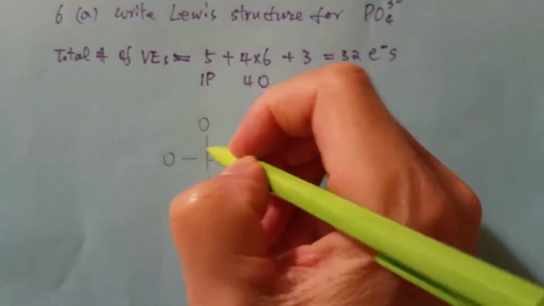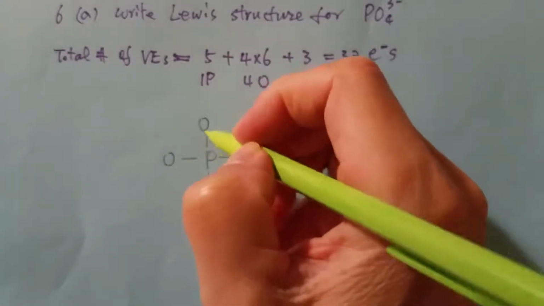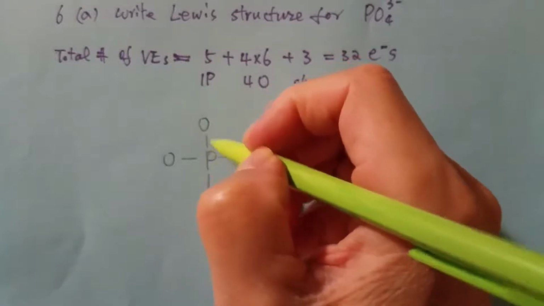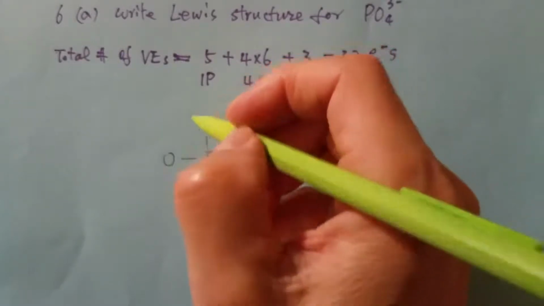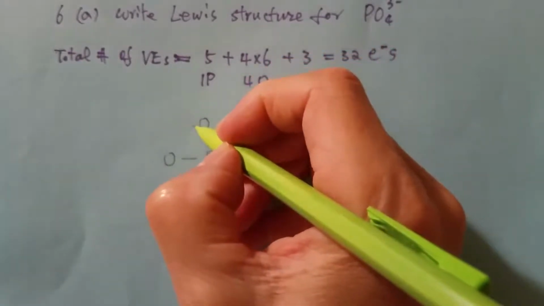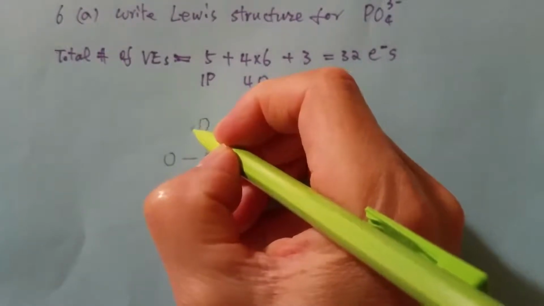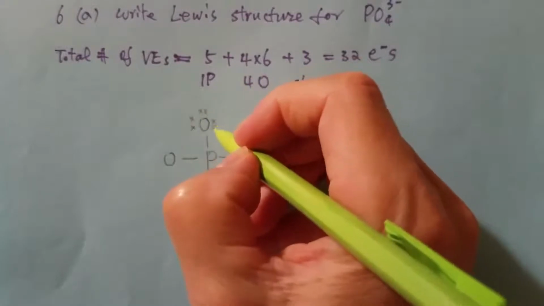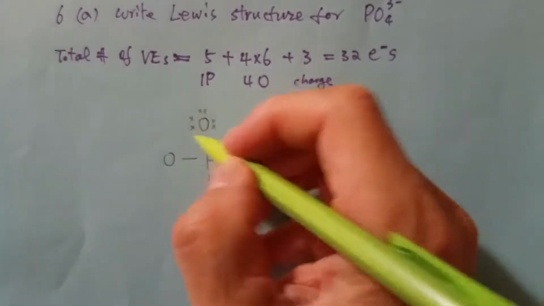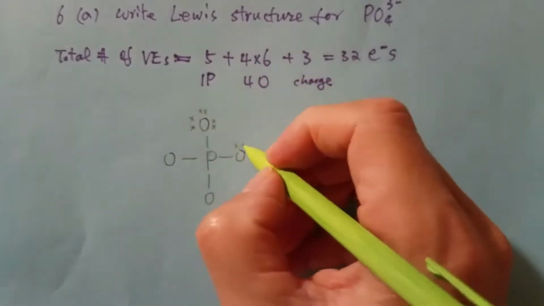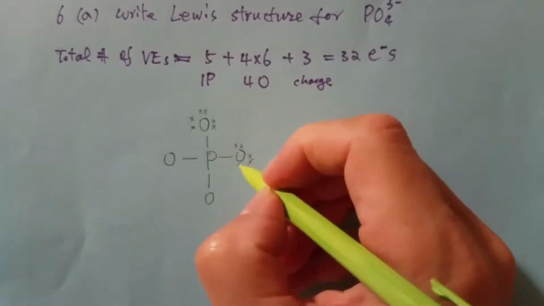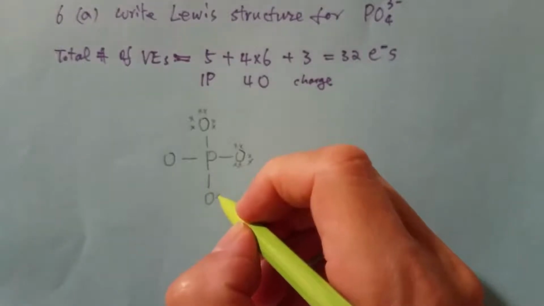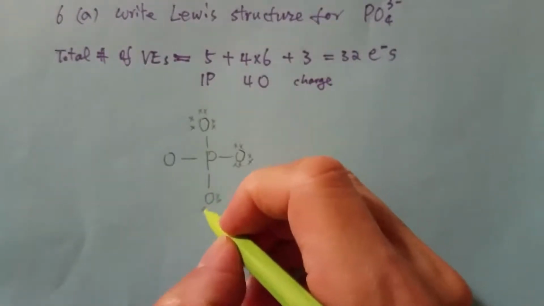For this oxygen, there are already 2 electrons from the bonding pair of the single bond, so then we have 1, 2, 3, 4, 5, 6, then 7, 8. We'll do the same for this one, and also for this one.